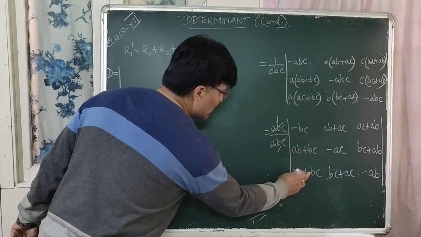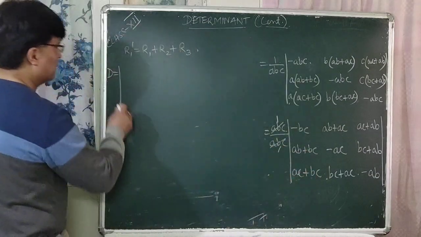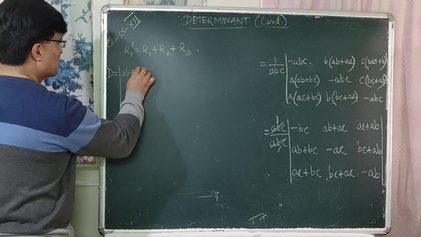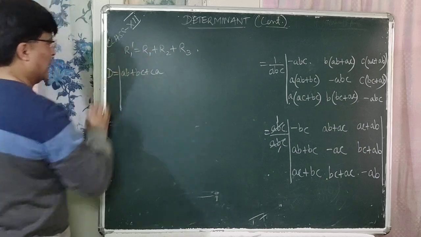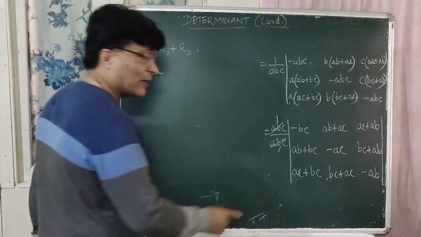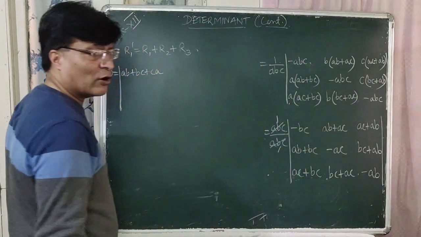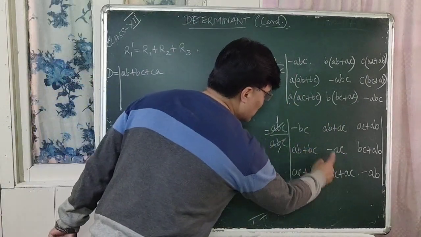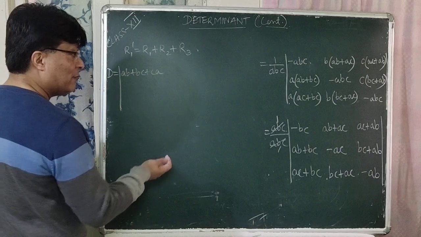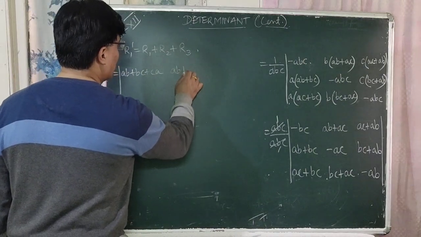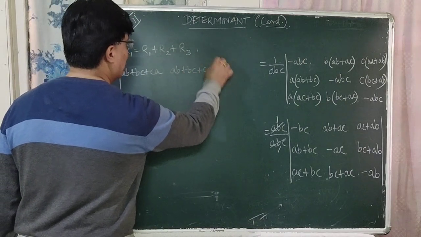Minus BC plus BC gets cancelled, we get AB plus BC plus AC, AB plus BC plus CA. Okay? Now again add all those terms in the second column. AC gets cancelled, we get AB plus BC plus CA. Same element is there.